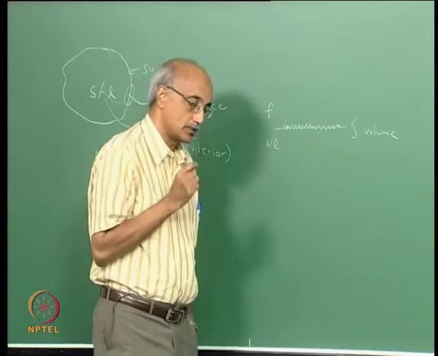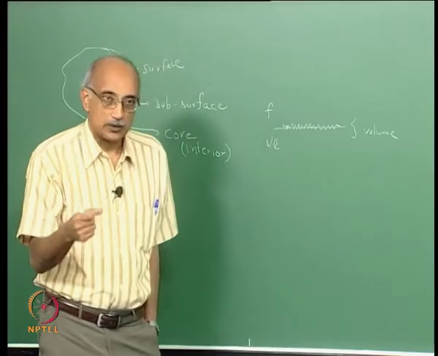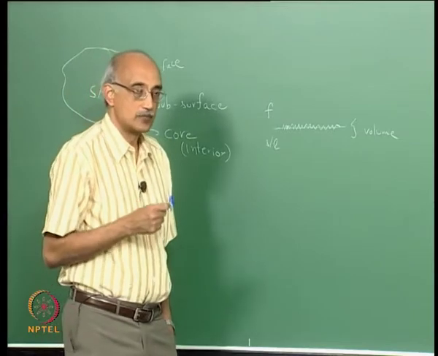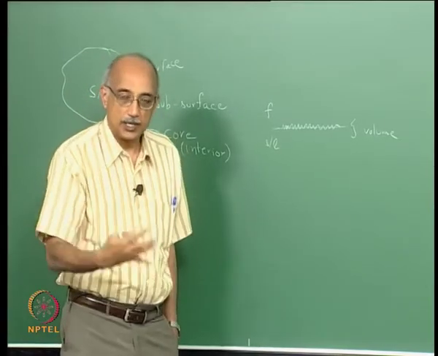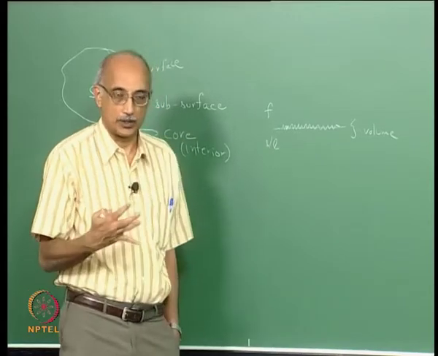So, one of the first key points to remember is that even though we say particle surface and imply that it is a two-dimensional surface, in reality the particle presents a three-dimensional interface to the fluid that is surrounding that particular particle.